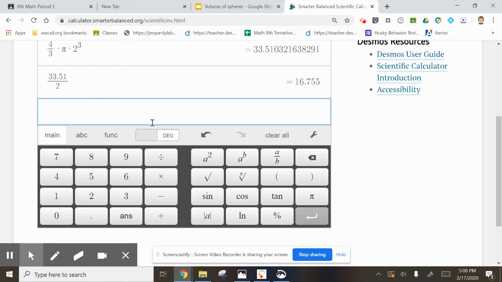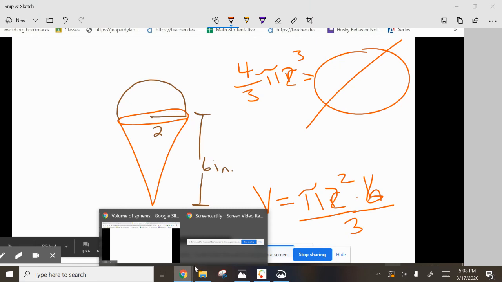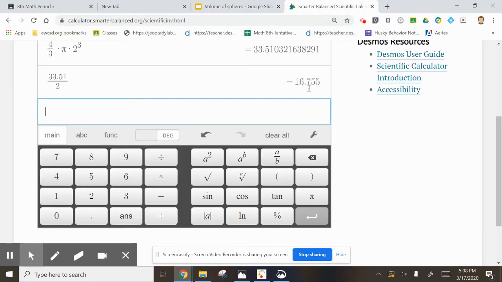All right. Then we got to go pi r squared times height. So the radius is still 2 of my cone, right? We're going to use that number here. 2 goes here. And then what's my height? 6. So it's going to be pi times 2 squared times 6.